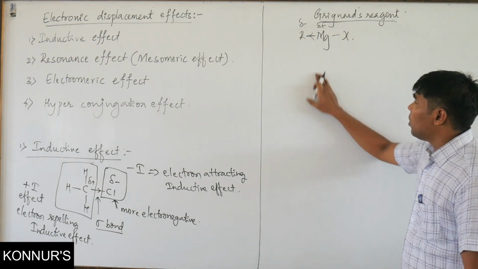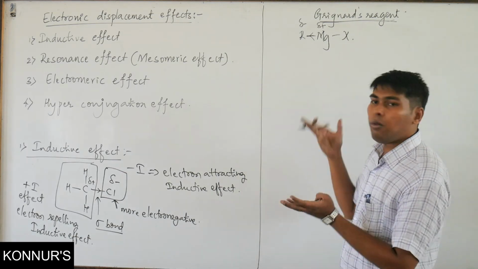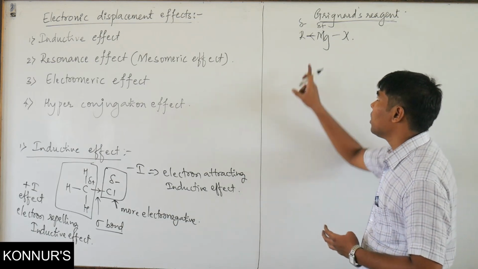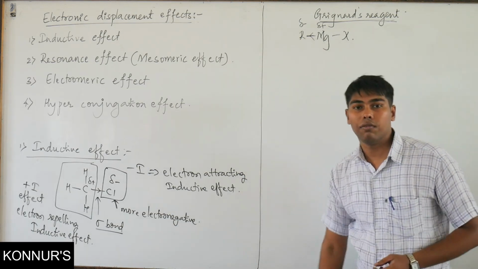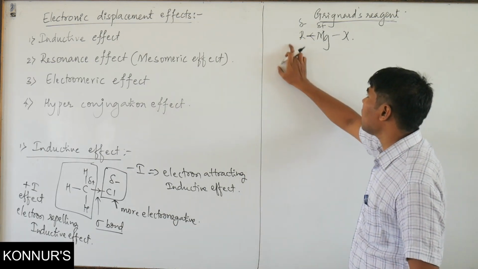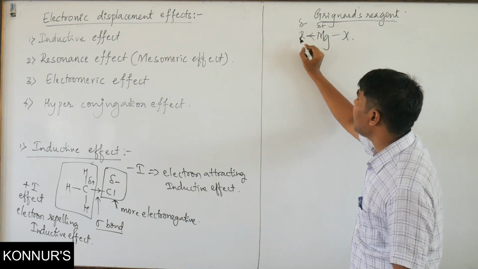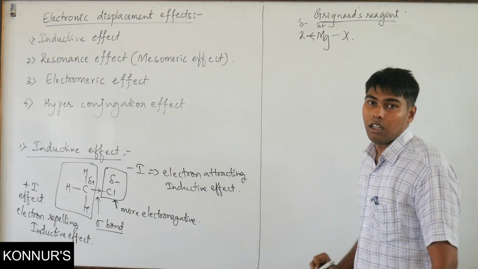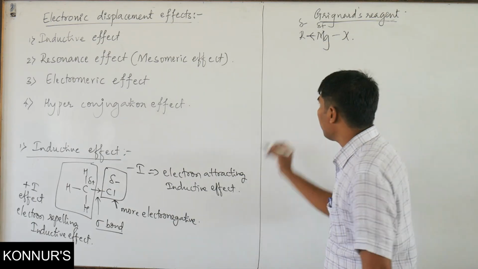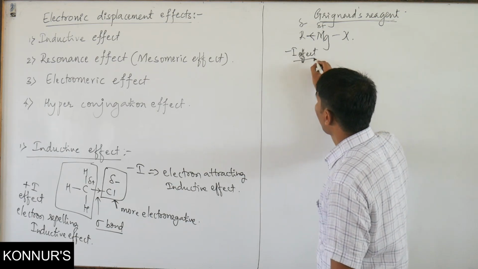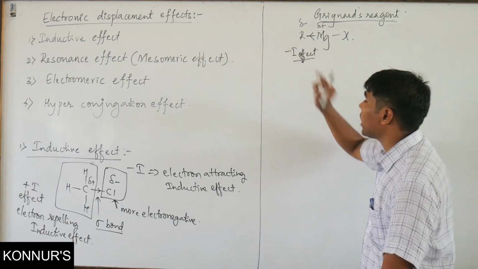After the attack of a reagent, this bond will break. But before getting broken, the sigma bonded electrons are shifted to the R, that is the alkyl or aryl group. So with respect to this group, which has a negative charge and has attracted the sigma bonded electrons, it is a minus I effect, with respect to the alkyl group.